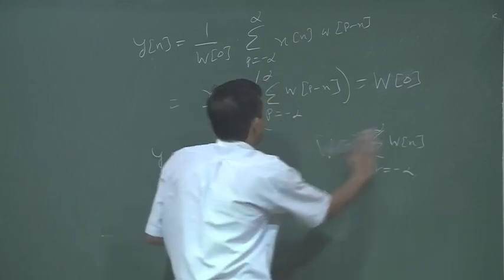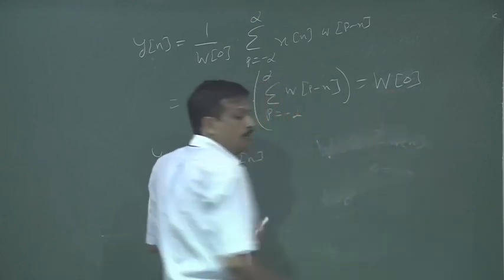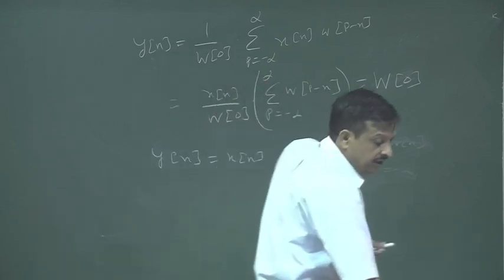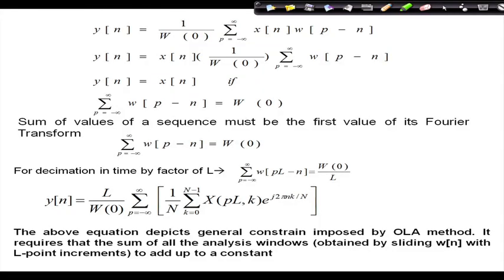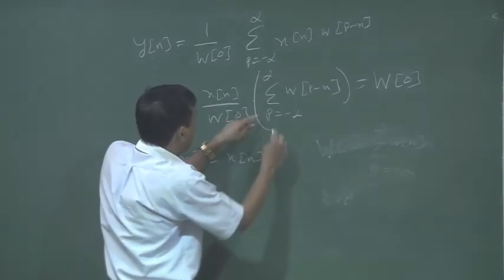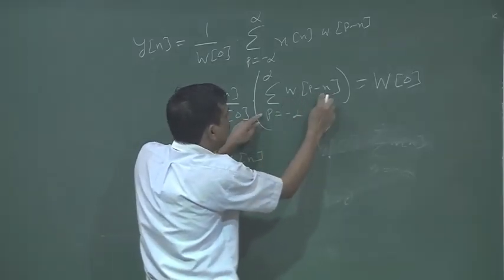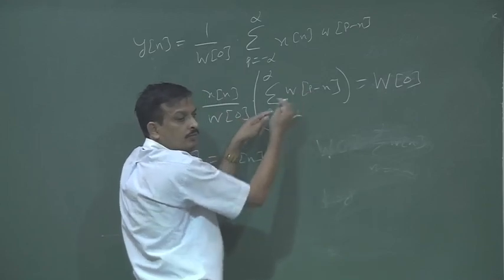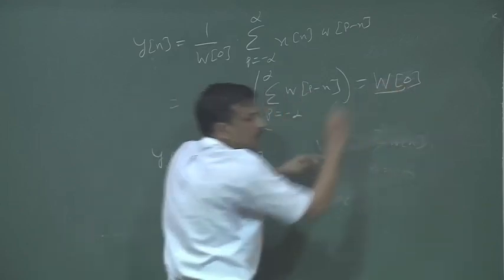So here this should be equal to W0. The sum of the sequence is nothing but the first Fourier transform value.